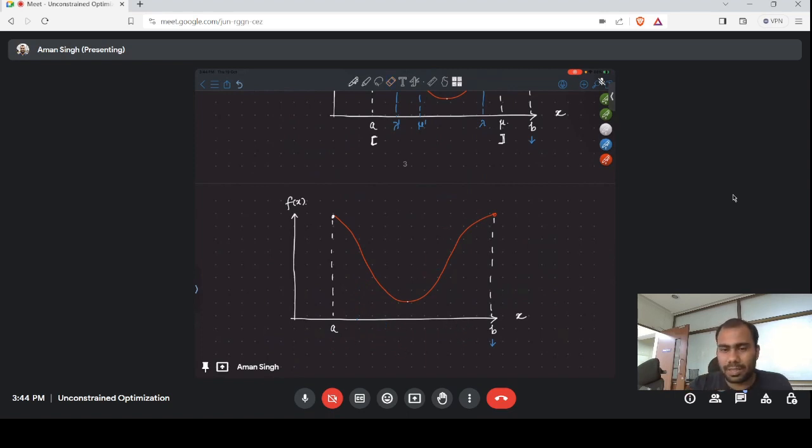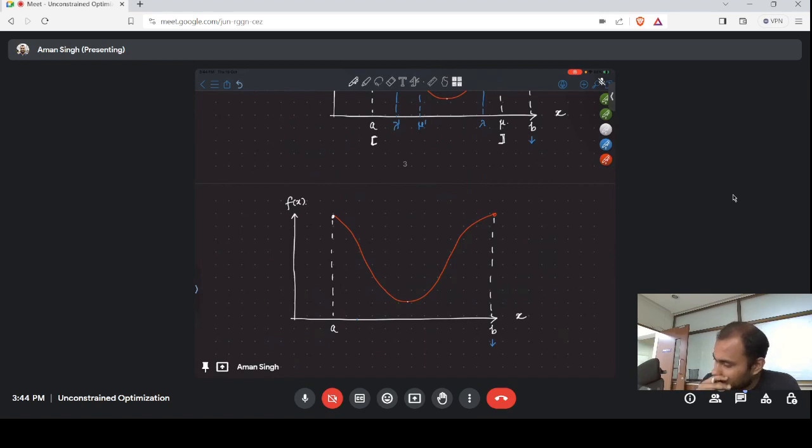We now know that if we have two arbitrary points between a and b, we have an algorithm to iterate and reduce the interval of uncertainty.